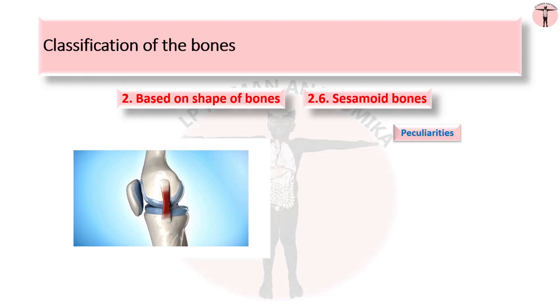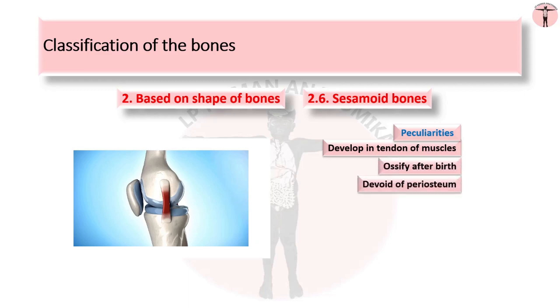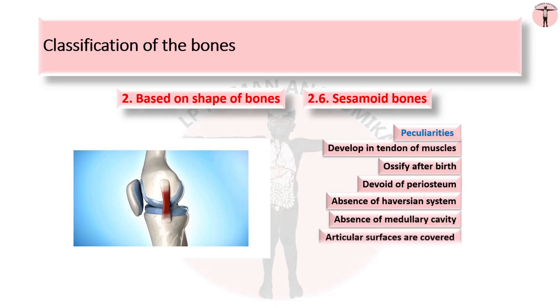Peculiarities of sesamoid bones include: they develop in the tendon of muscles, ossify after birth, they are devoid of periosteum, they do not have Haversian system, there is absence of medullary cavity, they are related to articular or non-articular bony surface, and the surfaces of contact are covered by hyaline cartilage and lubricated by a bursa or synovial membrane.